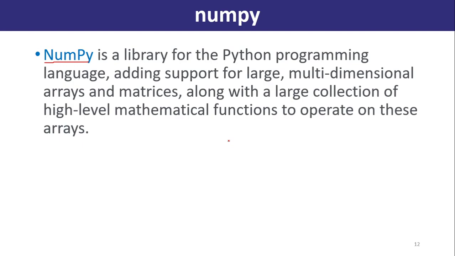So while implementing the applications, many times we need to make use of many high-level mathematical functions, and also we need to use or operate upon the arrays and matrices. So Numpy is a library that provides all such kinds of functionalities. Okay, so we are going to make use of Numpy.